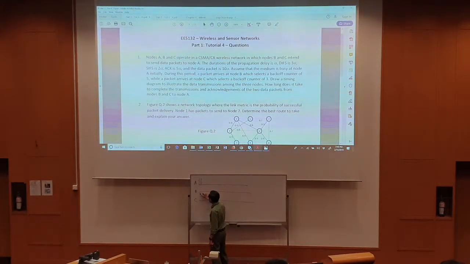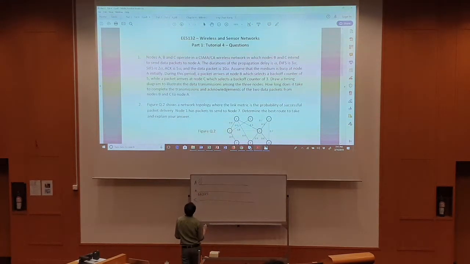And somewhere in here, a data packet arrives. Node B has a backoff of 5 and node C has a backoff of 3.